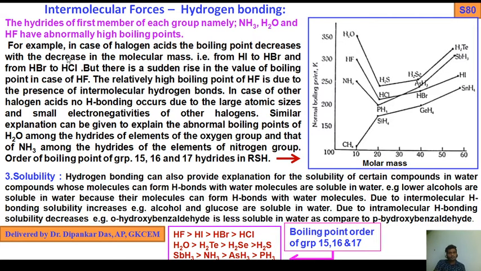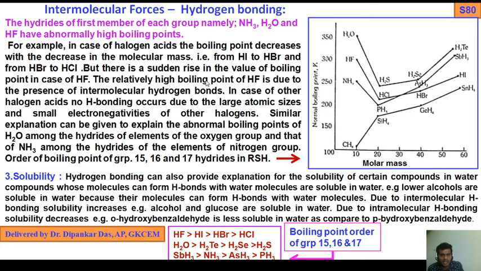So, for example, in the case of halogen acids, the boiling point decreases with decrease in molecular mass, from HI to HBr and from HBr to HCl, but there is a sudden rise in the boiling point in the case of HF.